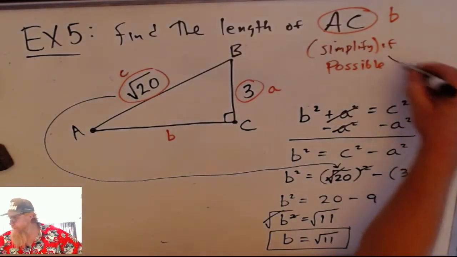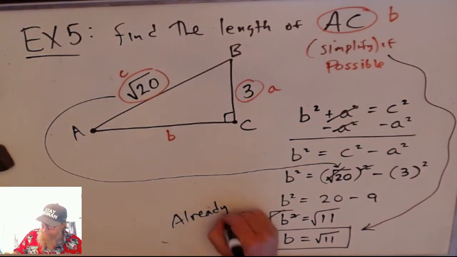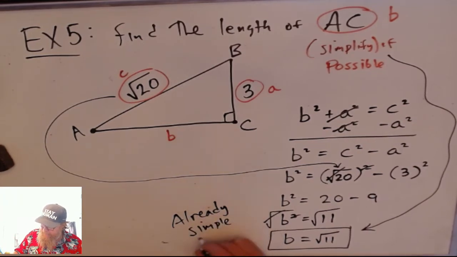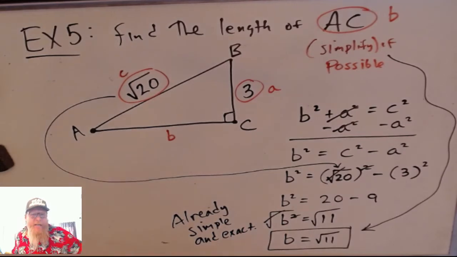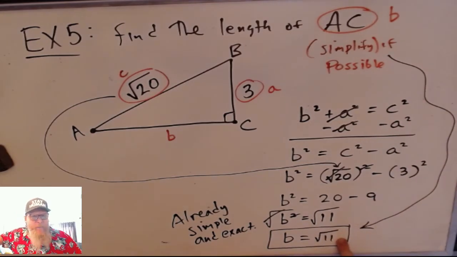The square root of 11 cannot be simplified, so it's already simple and exact. How do you know whether something can be simplified or not? Well, you look at it and you ask yourself, is it divisible by 4? Nope. 11's not divisible by 4. Is it divisible by 9? Nope.